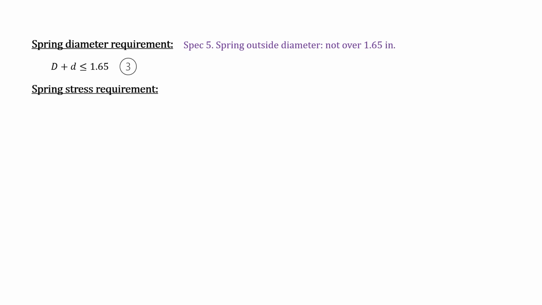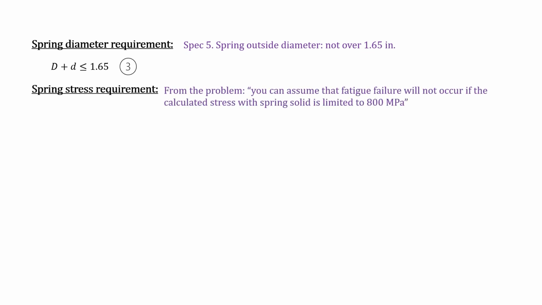But moving on to our spring stress requirement. This is something that we were just given in the problem. It's not one of the specifications per se, but it's still important. We can assume that fatigue failure will not occur if the calculated stress with the spring solid is limited to 800 megapascals. So essentially that's the 800 megapascals that we care about. Your force of the spring is F max, the maximum spring force at your maximum lift point, plus the force that comes from clash.